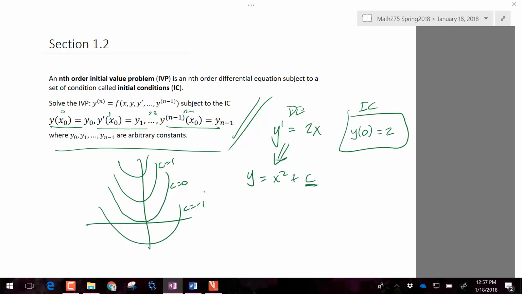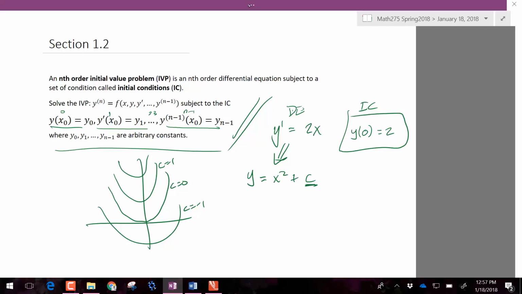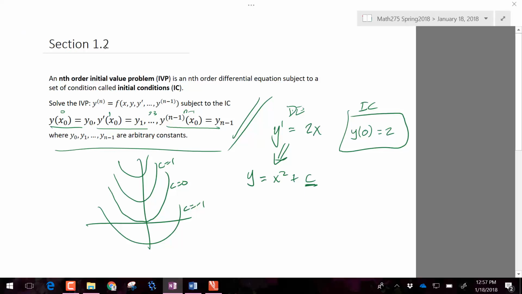Okay? So now if you insist on an initial condition, then you get to put your initial condition of x value and the y value into your parameter, so you can figure out which one of these curves you should be looking at for your specific solution.